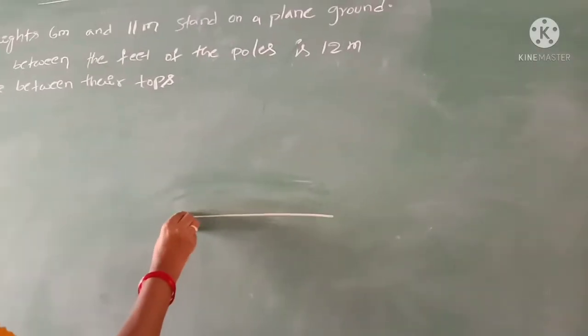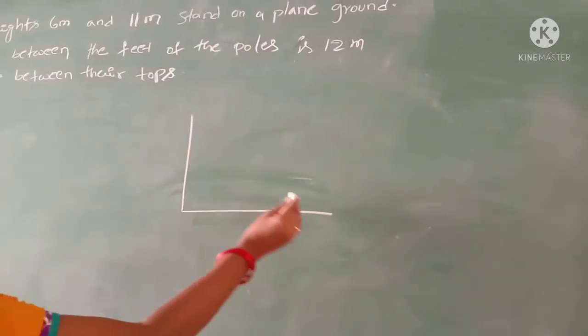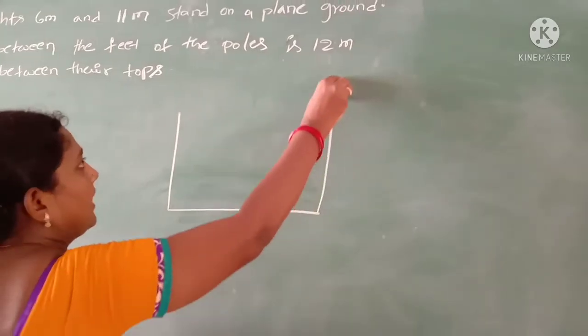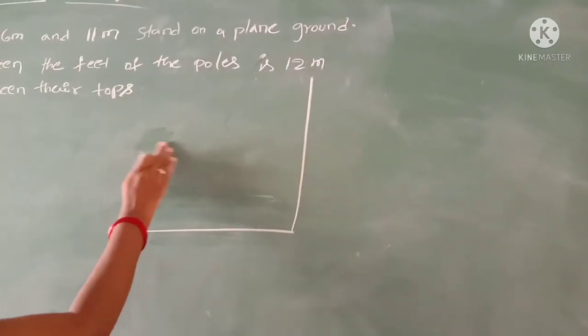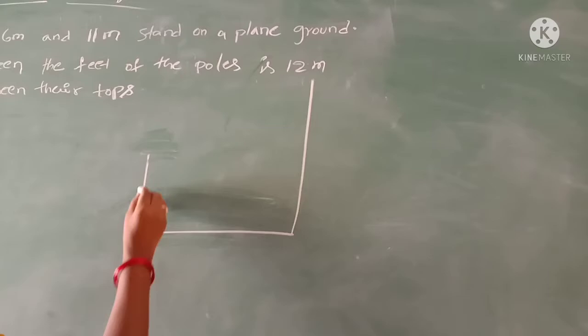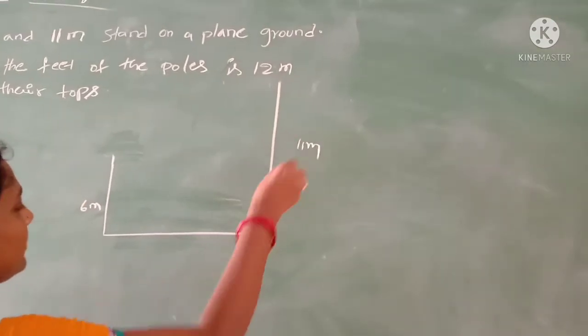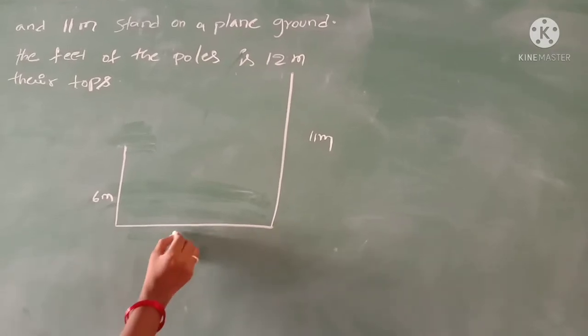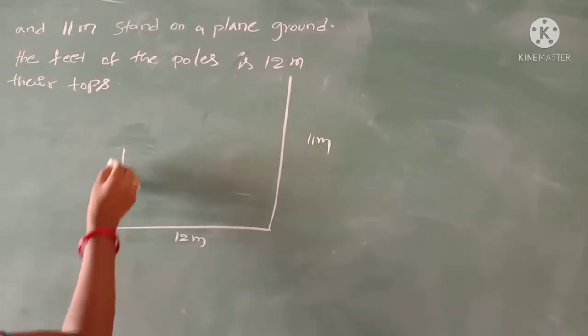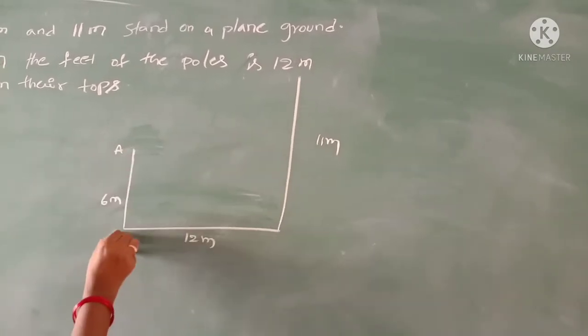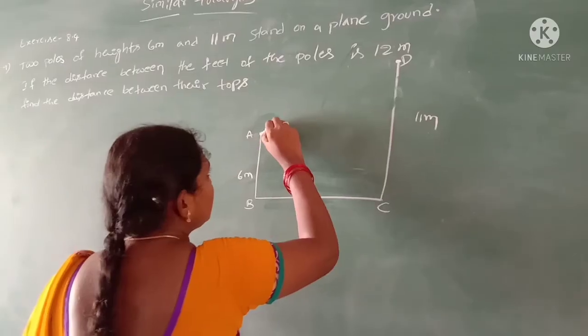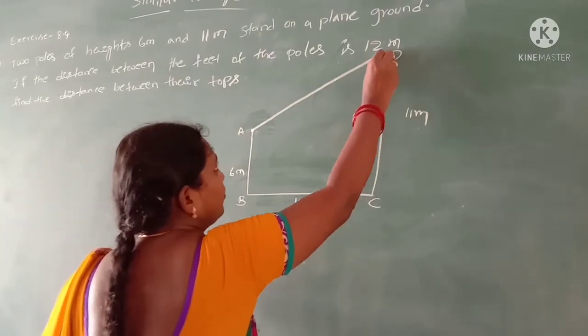First pole 6 meters and second pole 11 meters. Next, distance 12 meters. So A, B, C, join the two tops.